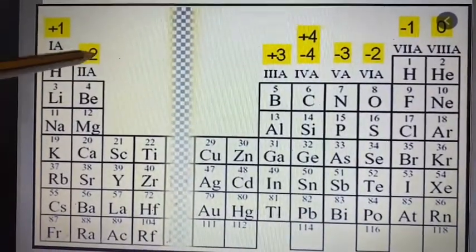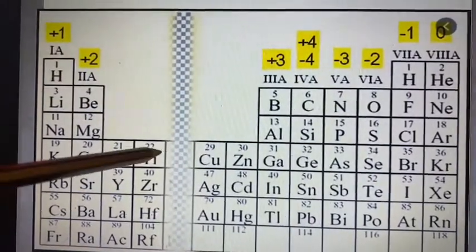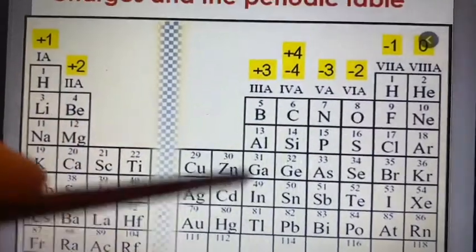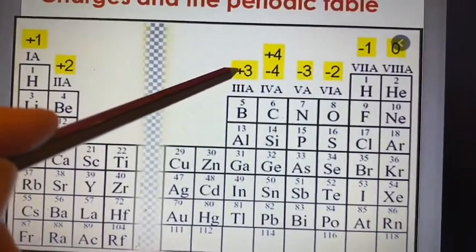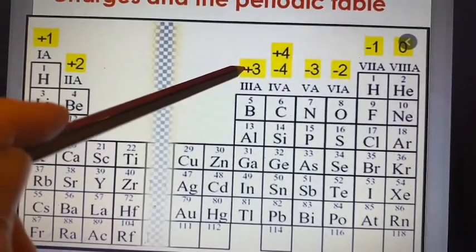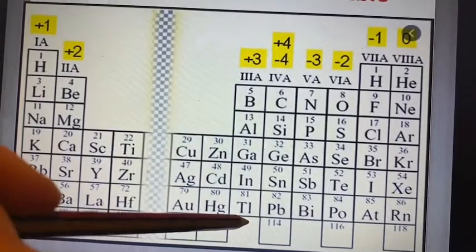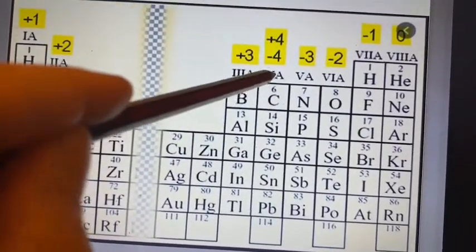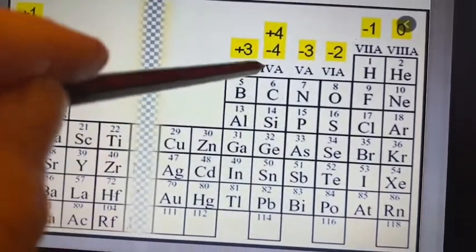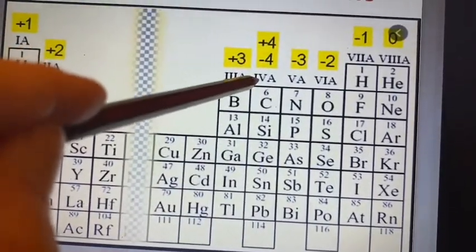It means that they tend to lose 2 electrons. In group number 3, they have a valency of +3. It means that they tend to lose 3 electrons to reach their stability. For group number 4, they mainly share their electrons. This is what we call a covalent bond, الرابطة التساهمية.